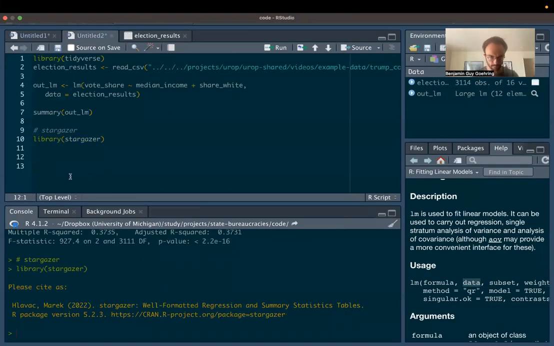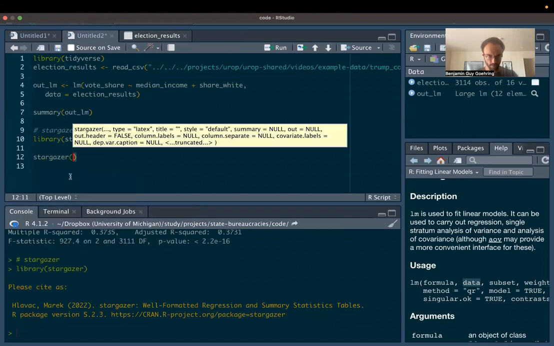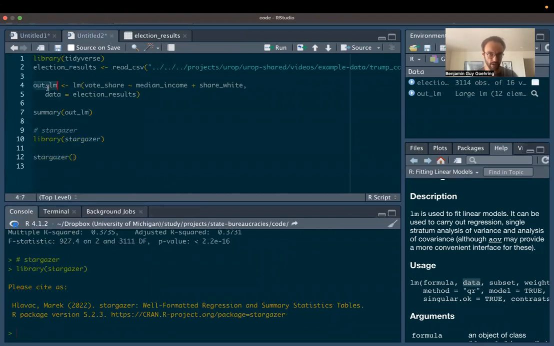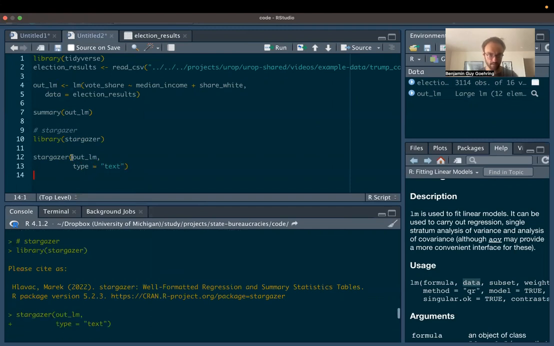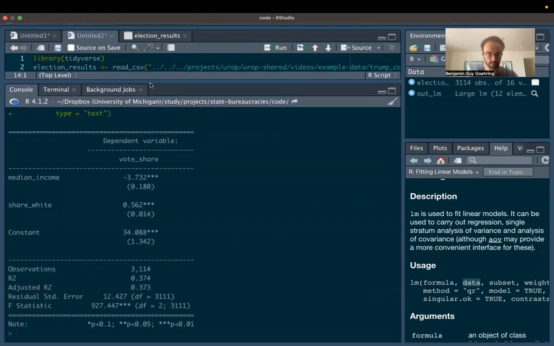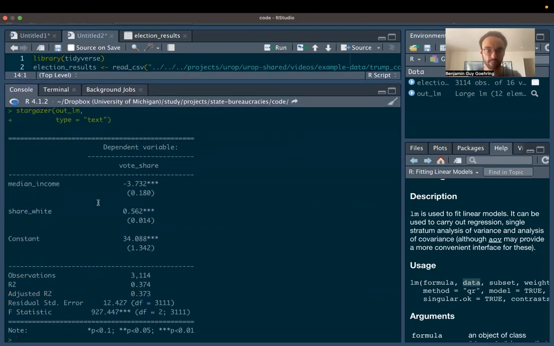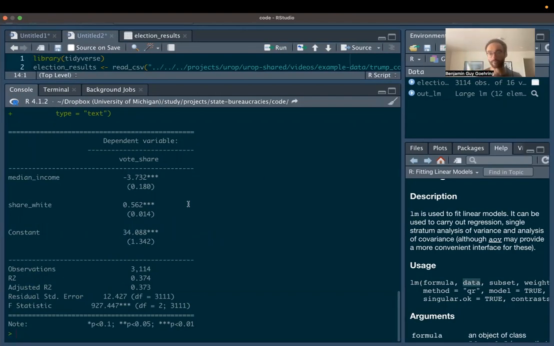So you can use stargazer, and then let's do out_lm, and then just add type equals text down here and run that. Now you see that this hasn't changed anything. We were working with the same model. It's just presenting it in a nicer way. So now we see our results like this. This looks extremely similar to this, and it's in a great format.